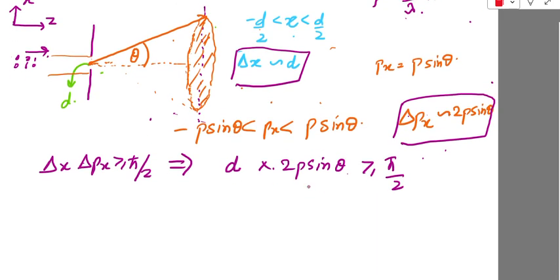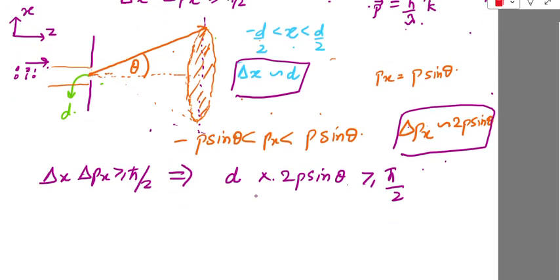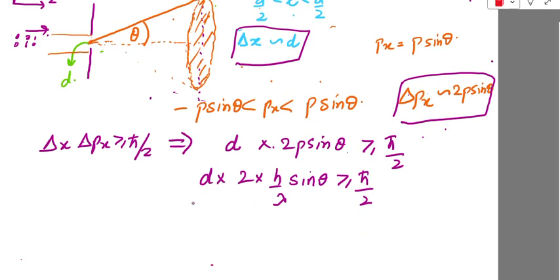Now p, as we discussed before, is h by lambda, so d times 2h by lambda times sine theta should be greater than h cut by 2. What remains to be proved is the value of sine theta.